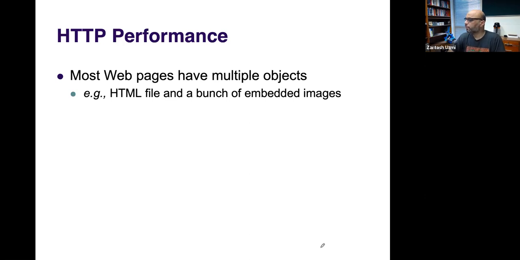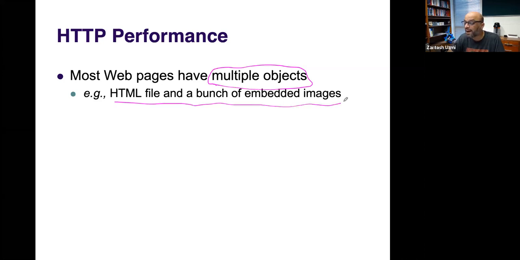So, HTTP performance. Most web pages have multiple objects. You have a base HTML file, and within that base HTML file, you have embedded lots and lots of other objects, small images and maybe some video clips, etc. You have to send an HTTP request for each of the embedded objects. First you send an HTTP request for the base HTML file and get it.